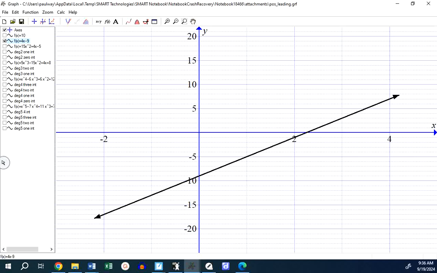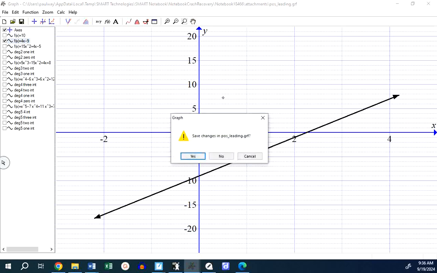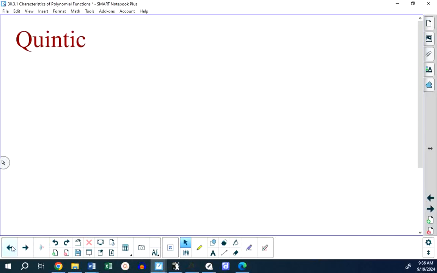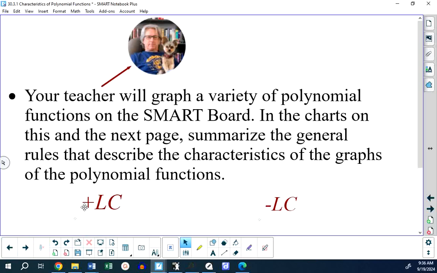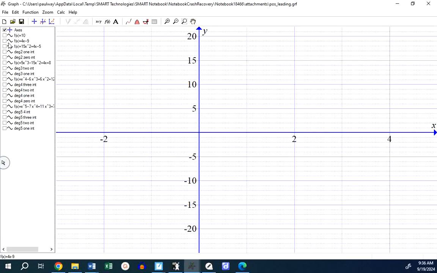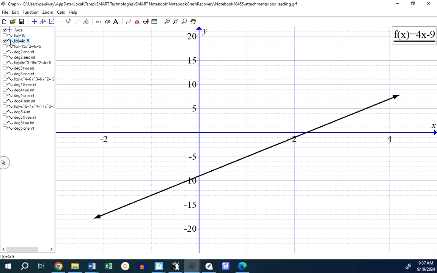I think the best plan is to just close this and open it. So here is y equals 4x minus 9. And you can see in the top right corner, the constant term is negative 9.